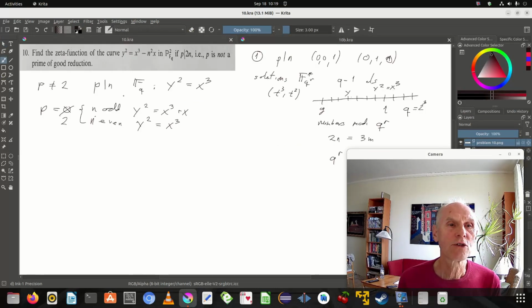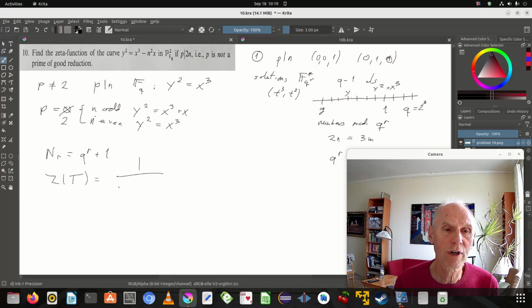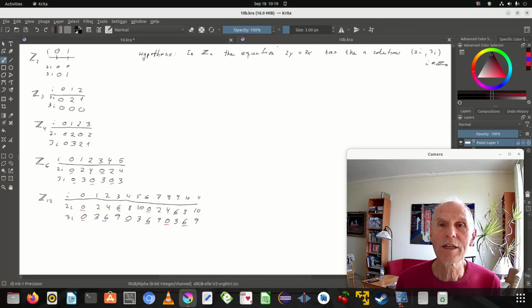And then with the two solutions we know, the center and the point at infinity, that would give us a total of q plus 1, or N_r being q to the r plus 1, which would lead to the zeta function 1 divided by (1 minus qt) times (1 minus t). So that was the idea.